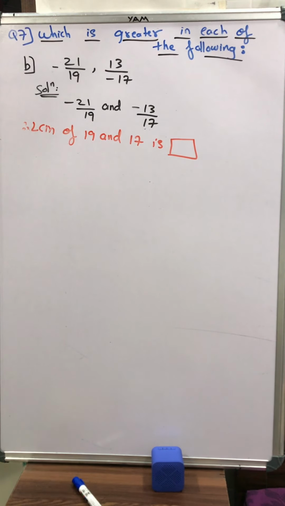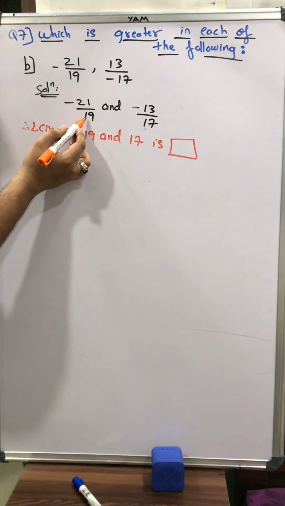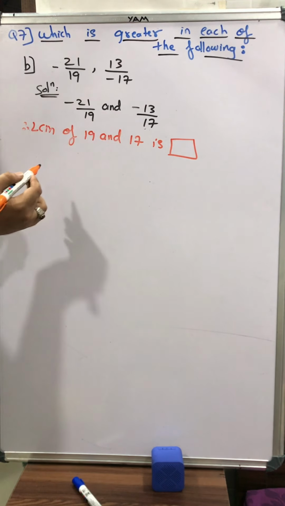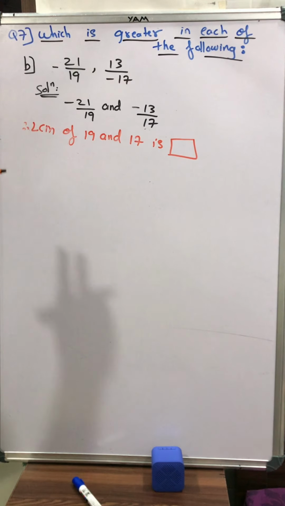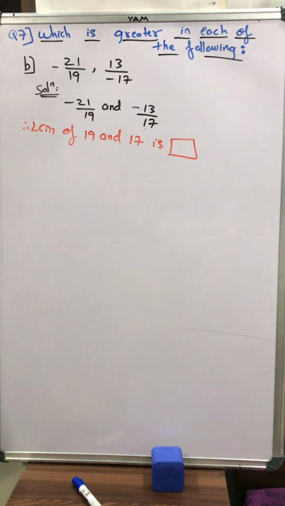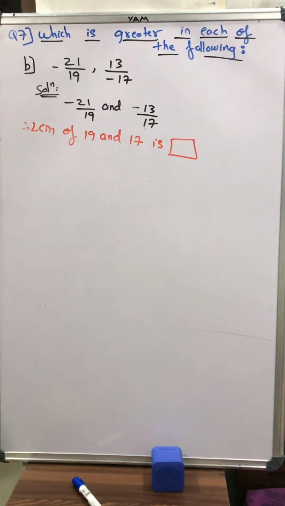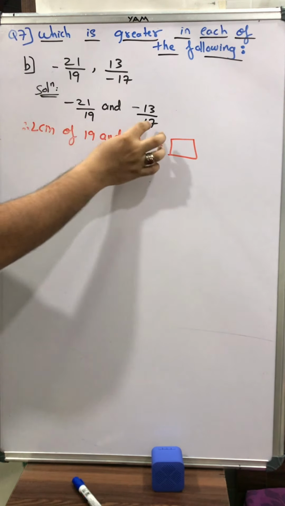See, once again I'll let you know that in the 19 times table and the 17 times table there is no common multiple. There is no table which goes in both 19 as well as 17, because 19 and 17 themselves are prime numbers.